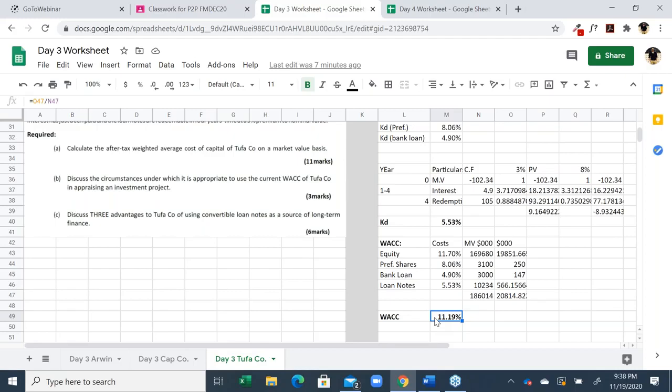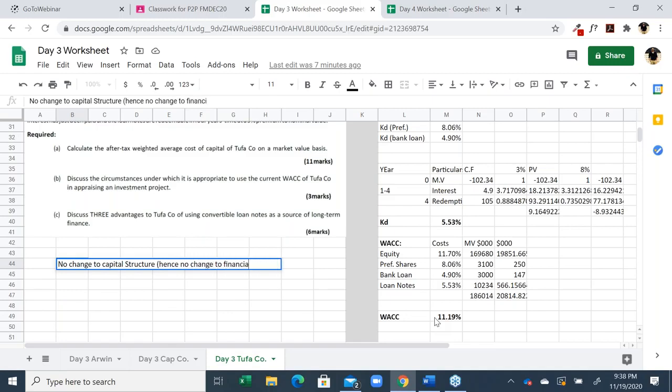We will assume that the business risk will not change. So the circumstances are no change to capital structure, that is the new business will be undertaken using the same source of finance, and hence no change to financial risk.